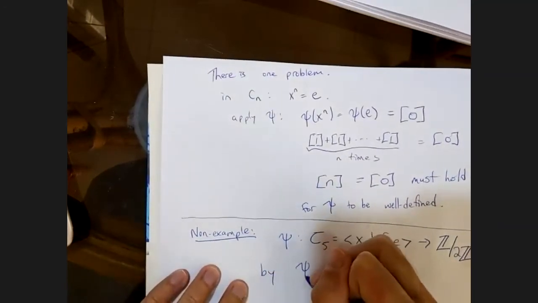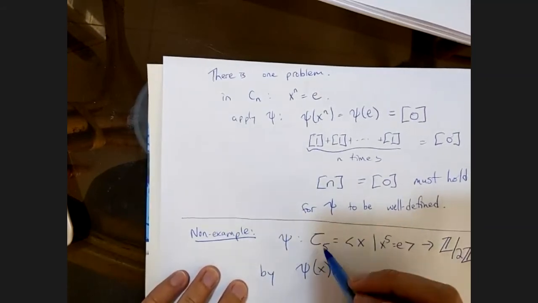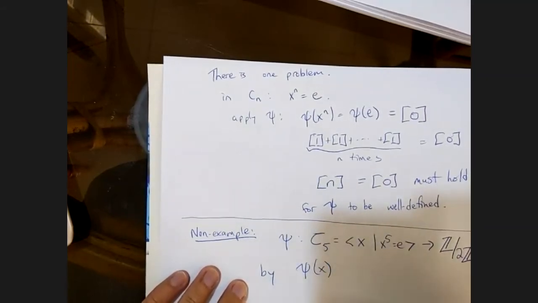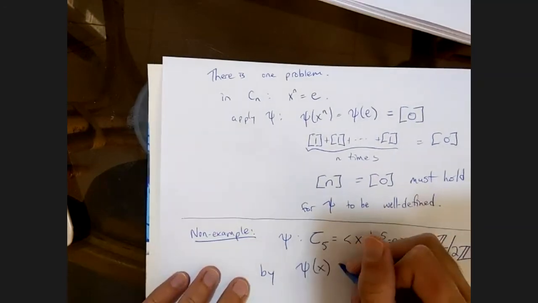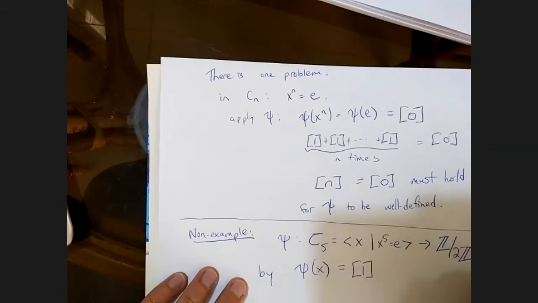We'll define it by psi of x. So x generates C5, so I only have to tell you what psi of x is. We'll just say it's the equivalence class of 1 in Z mod 2Z.